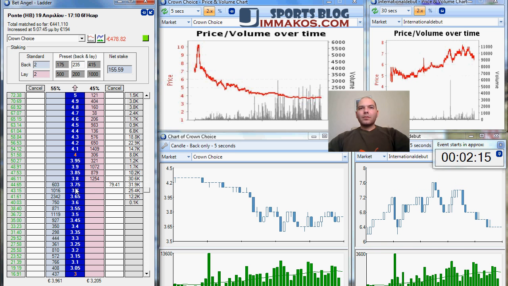Now I may have made a mistake here, laying twice at 3.75. I should have laid twice at 3.7, and I have the risk of actually trapping myself if the support level doesn't hold up.